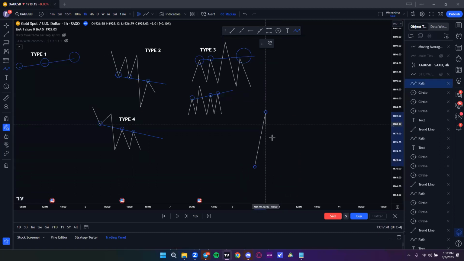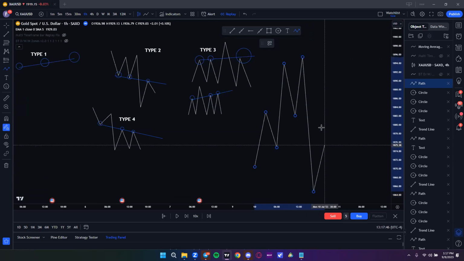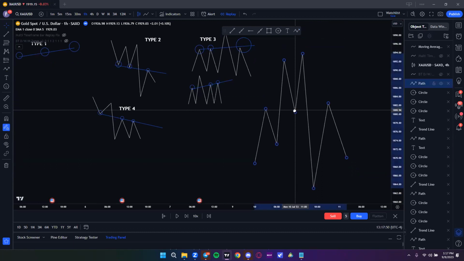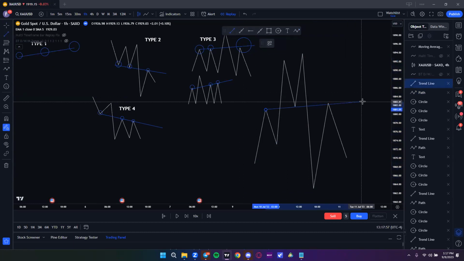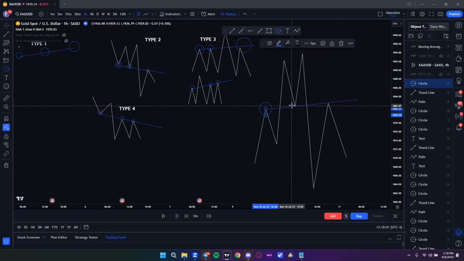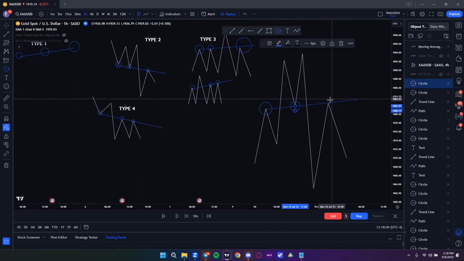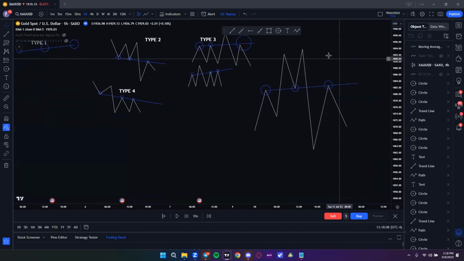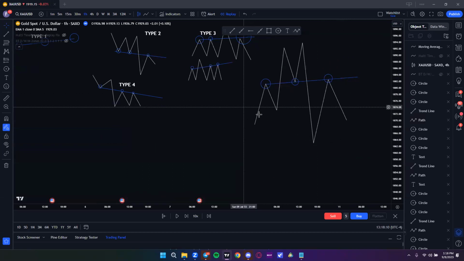So right here, this is point 1. This is point 2. This is point 3. This is like a QML for Quasimodo.